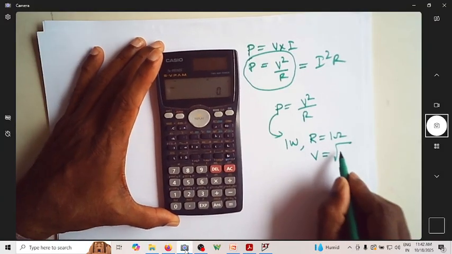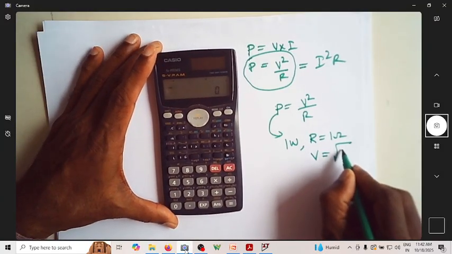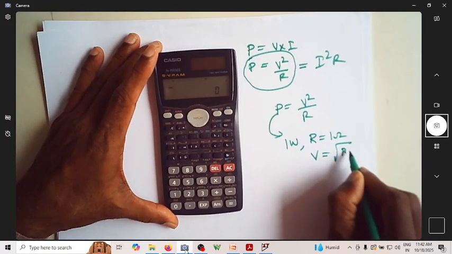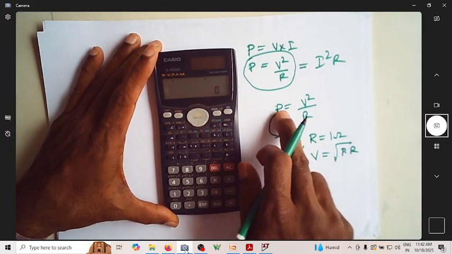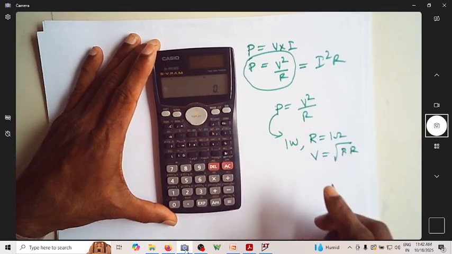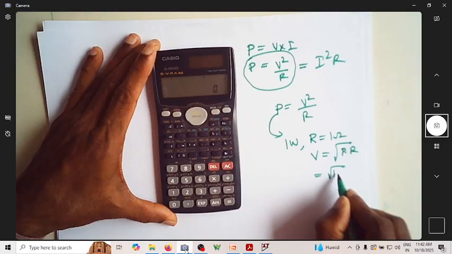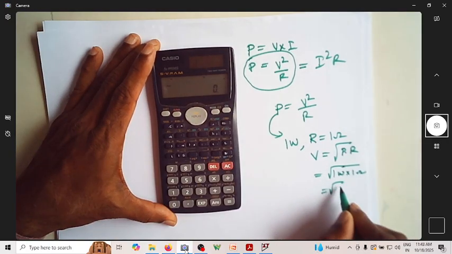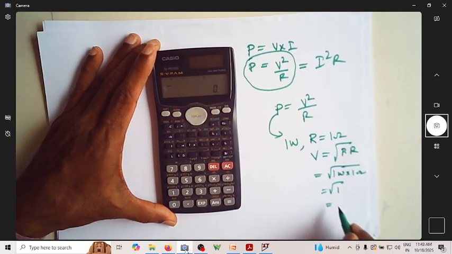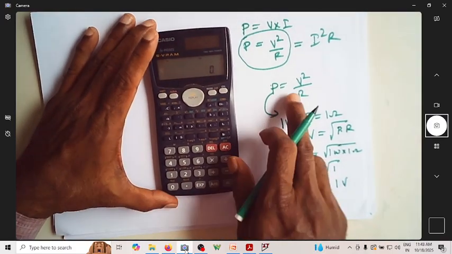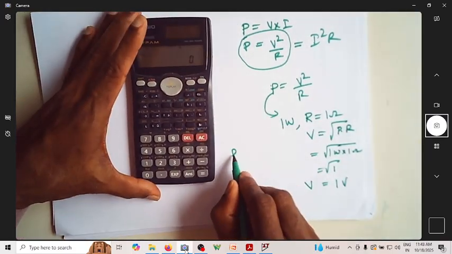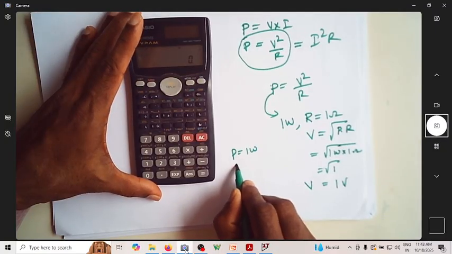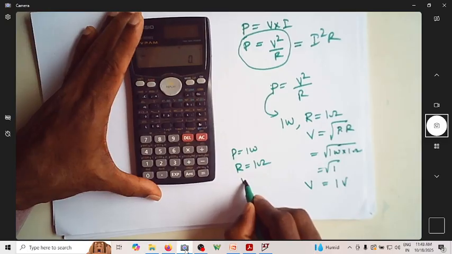Is it not equal to under root of P into R? P and R get multiplied. So this is 1 watt into 1 ohm, under root of 1, which is 1 volt. So if power is 1 watt for a resistance of 1 ohm, voltage is 1 volt.